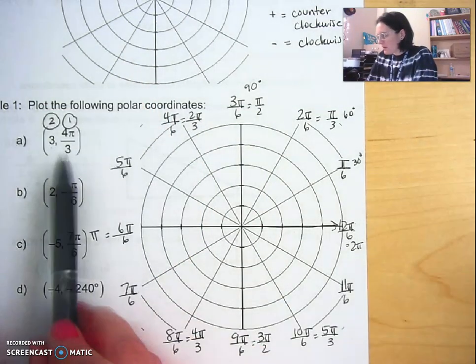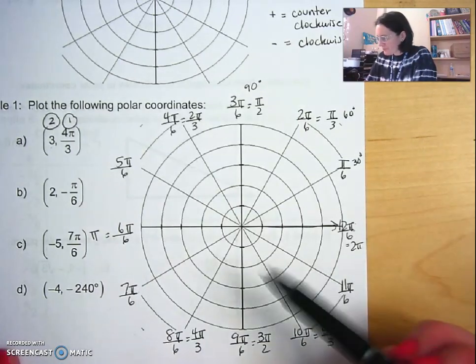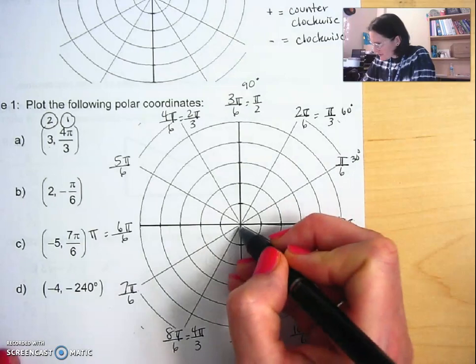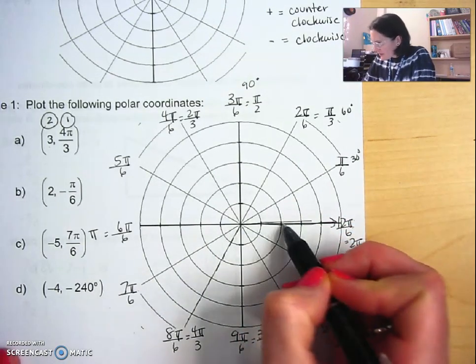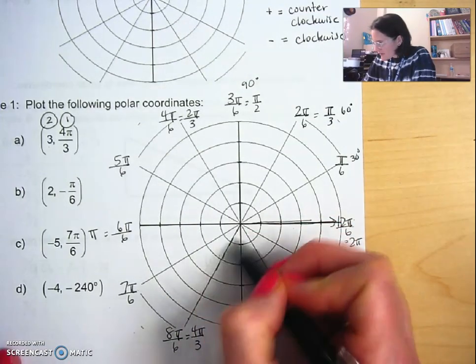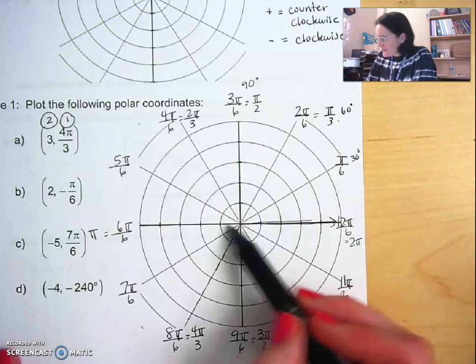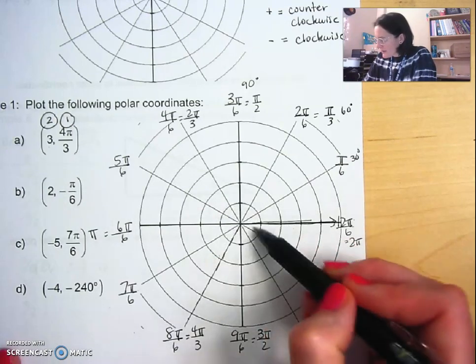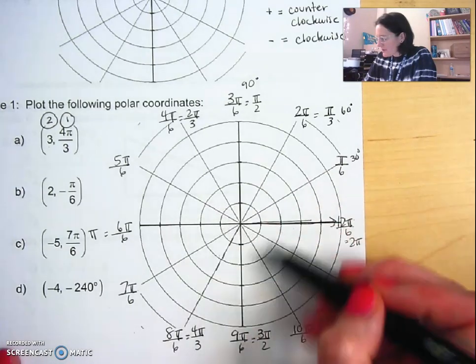So on our graph here, let's find 4 pi over 3, which is right here. Right, so we start at the polar axis and our angle goes this way to here till we get to right there. Now my radius is 3, so if you notice we have these circles. This inner circle has radius 1, this next one is radius 2, the next one is radius 3.